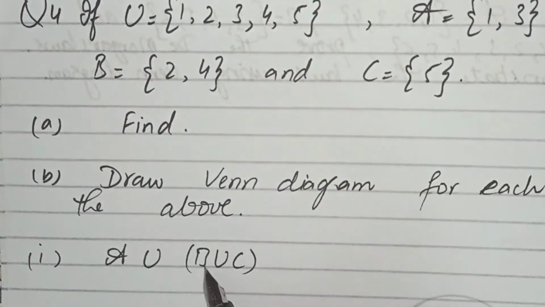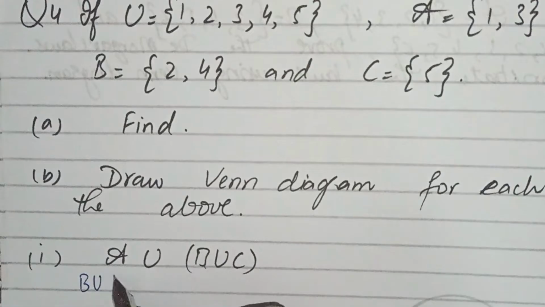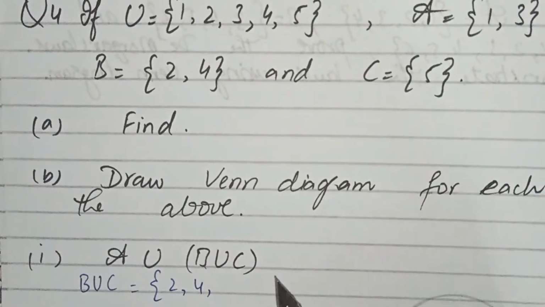Let's start, students. First, we have to find B union C. This is B and this is C, and B union C. B is 2 and 4, and C is 5. And B union C, we get 2, 4, and 5.